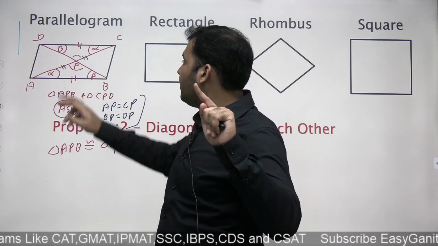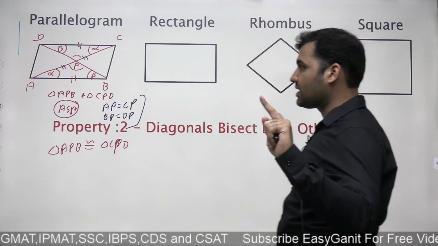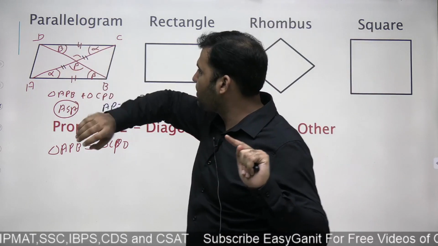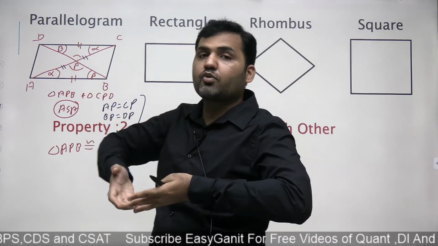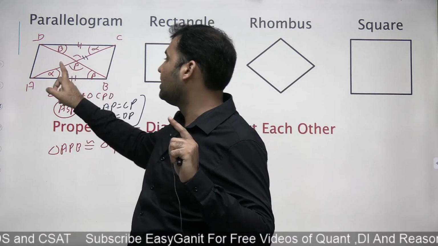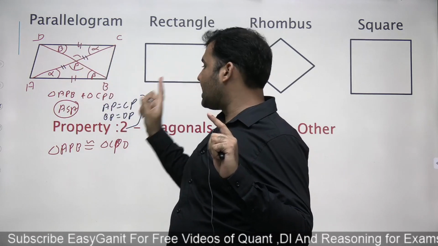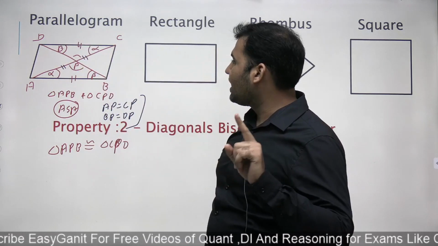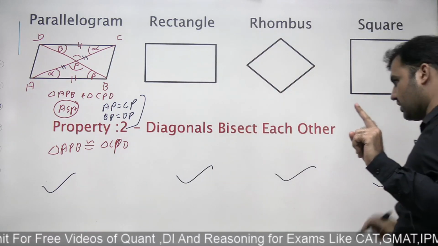So can I prove the congruency between these two triangles for all of these figures? Yes. अगर congruency इन दोनों में prove हो रही है और बाकी सभी figures में भी prove होगा, because congruency जिस proof के ऊपर based है parallelogram की कि opposite sides parallel and equal है, वो तो सभी में ही होगा. So diagonals bisect each other is a one property which is true for all of the four figures.